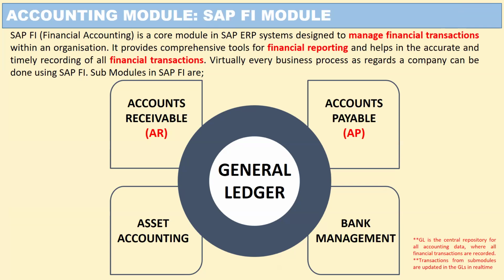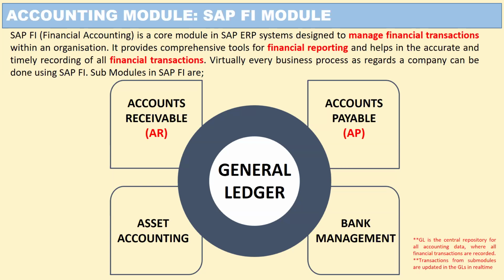We've just listed the sub-modules in FI. We have accounts receivable, accounts payable, asset accounting, and bank management. These are basically components of the SAP FI module. And as you can see, they all sit on what we call the general ledger.